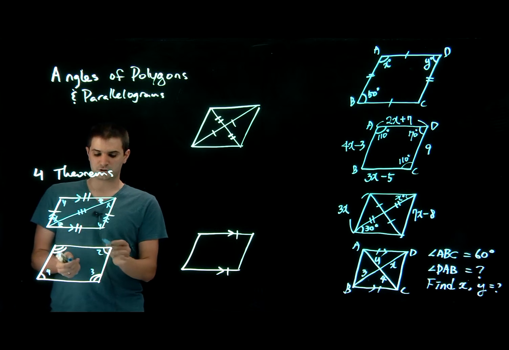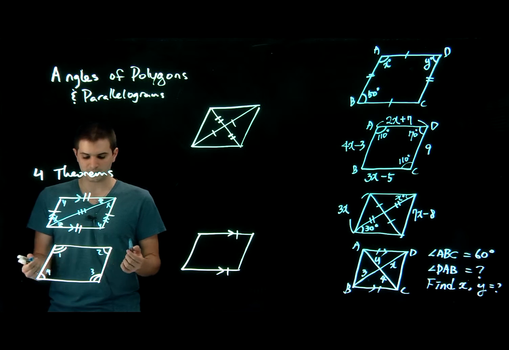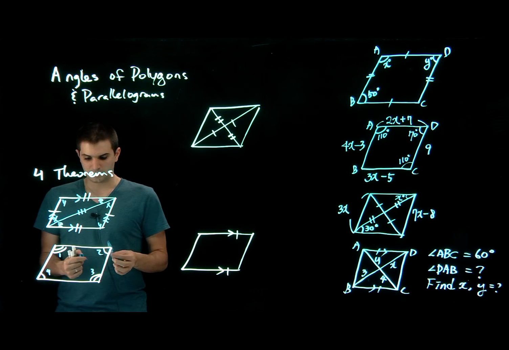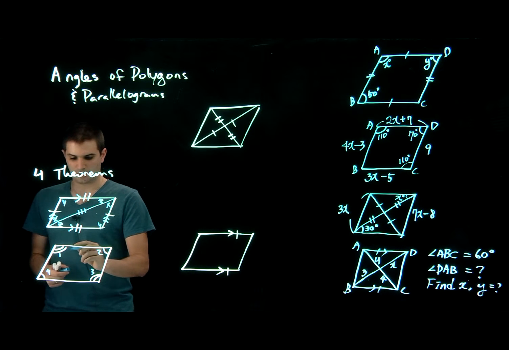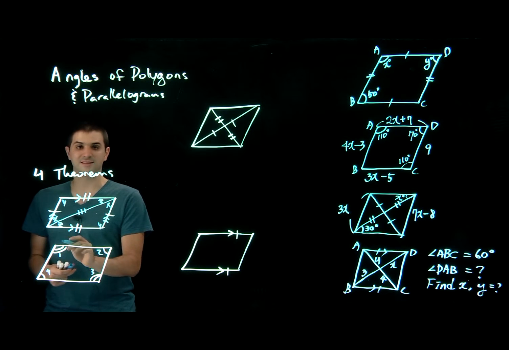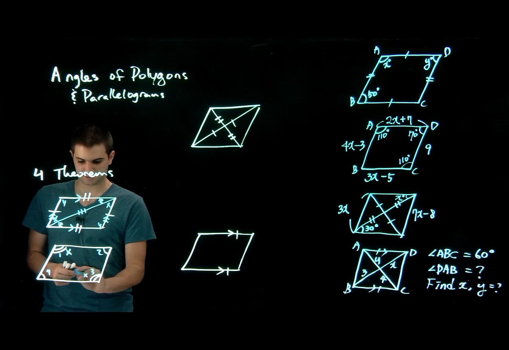So angle 1 plus 2 plus 3 plus 4 must be 360 because this is a quadrilateral. If these are congruent and these are congruent, then let's say this is x degrees, x and x, y and y.